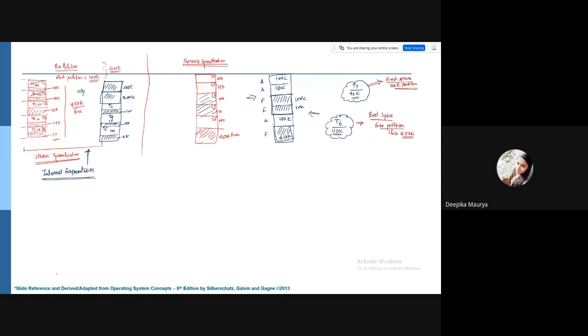Okay, now see, you are saying that this is one option. This is option one, this is also option one.